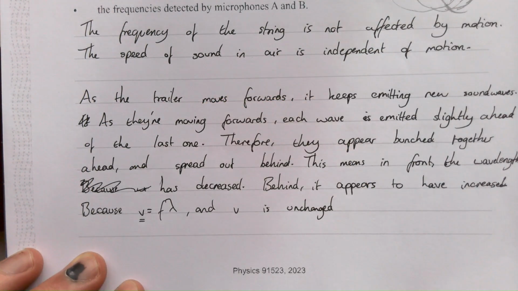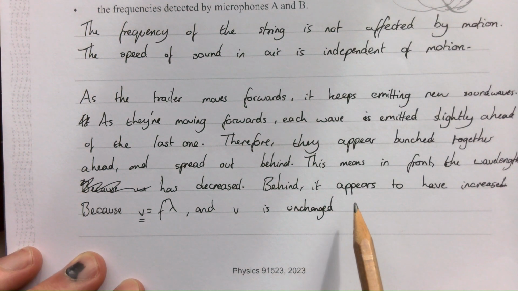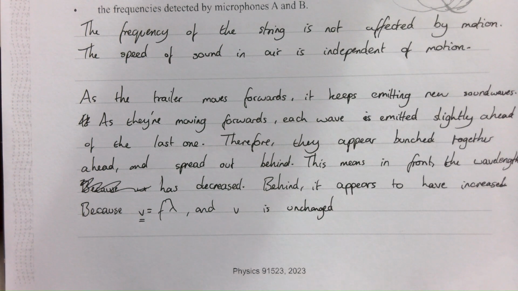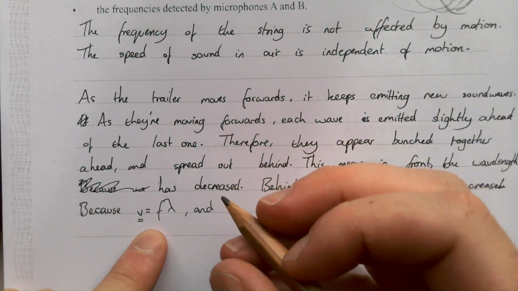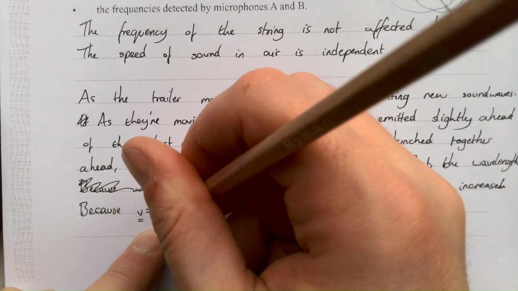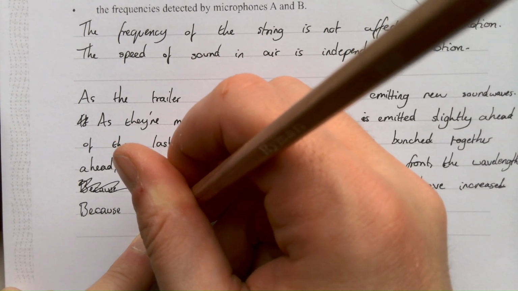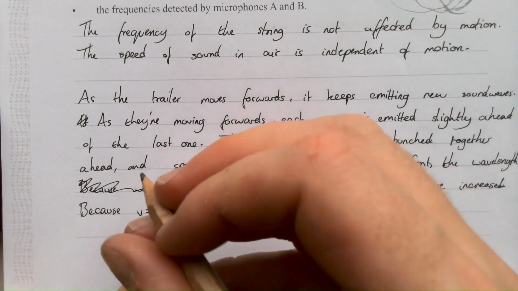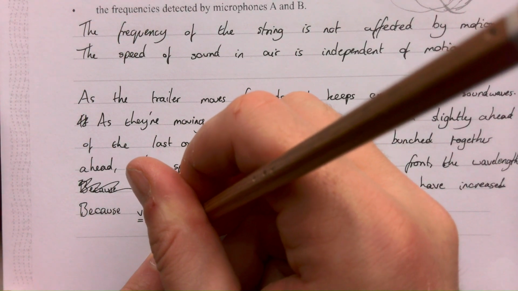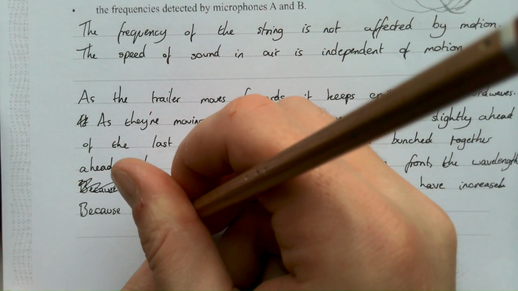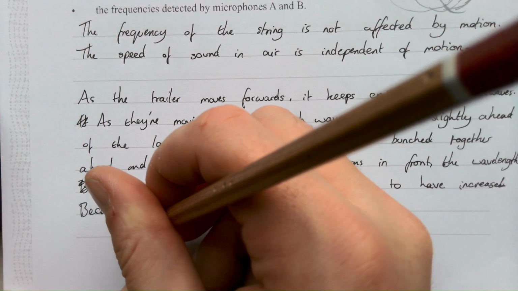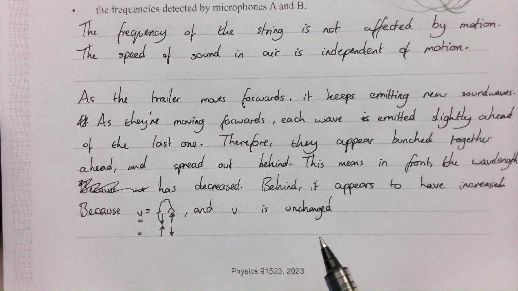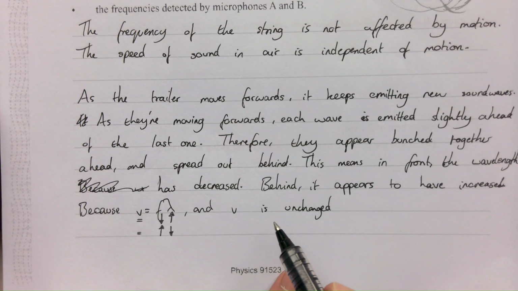Because the velocity is staying the same, and because the wavelength appears to either increase or decrease, the frequency must do the inverse. So if wavelength goes up, we must decrease our frequency. Whereas if the wavelength decreases, we must have an increase in frequency. So behind it appears, the wavelength appears to have increased.